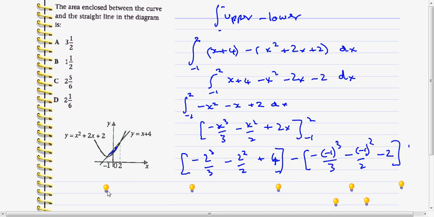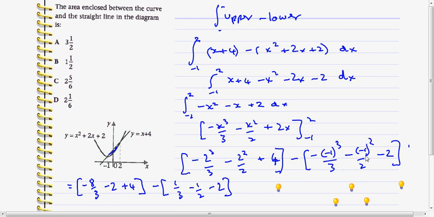So the first one, the left hand square bracket here: minus 2 cubed is minus 8 over 3, minus 2 squared over 2 gives us 4 over 2, which is just minus 2, plus 4. And then the second term, we've got minus 1 cubed, which gives us minus 1, and then we've got a negative here, which will change that to plus a third.